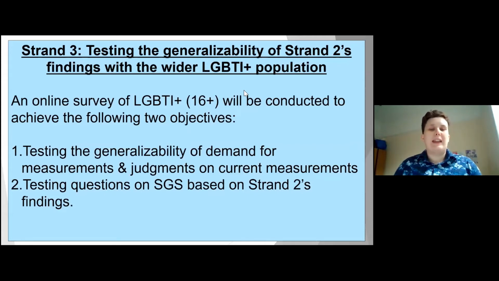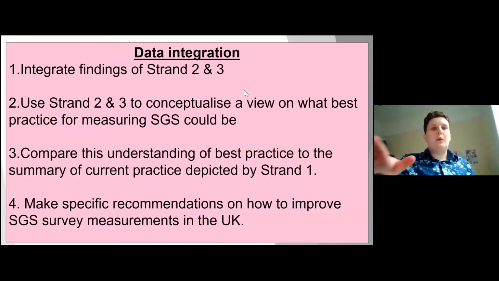And then also checking if the Strand 2 participants' perspectives on these issues, like how they're represented, are generalisable to a wider audience, just to understand how the most overlooked groups feel on a larger scale. So to bring all that together, I'll be taking the findings from Strand 2 and 3 to make an understanding of best practice.